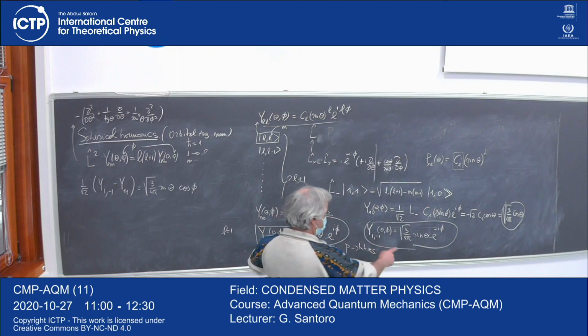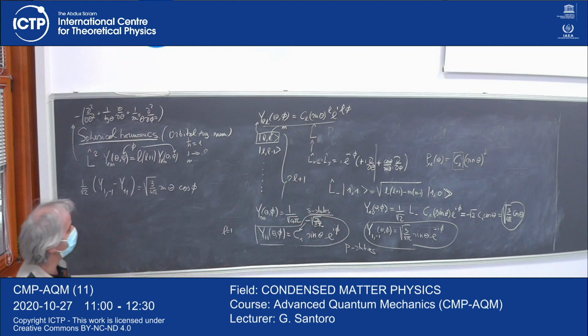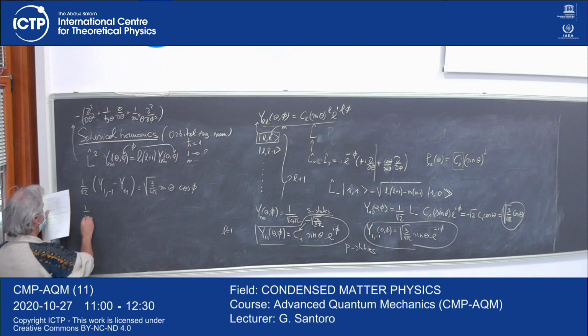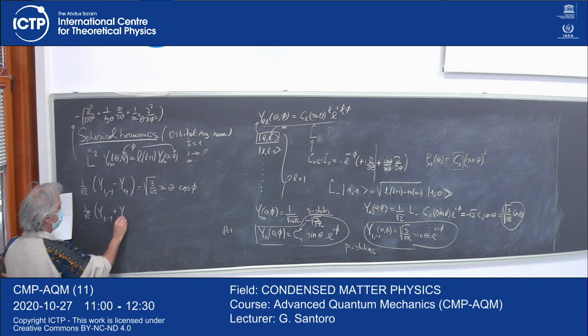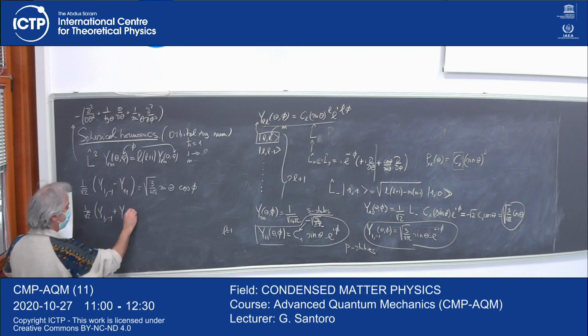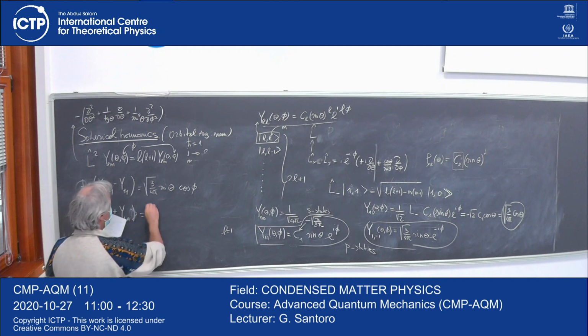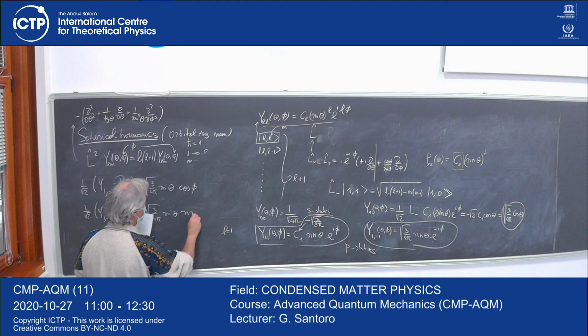So if you take the difference between this and this, you actually get the sum of the two exponentials with opposite sign. Then you get the cosine. If you determine i over square root of 2 times Y 1 minus 1 plus Y 1 plus 1, guess what you get? Same object, square root of 3 over 4 pi, sine theta, sine phi.